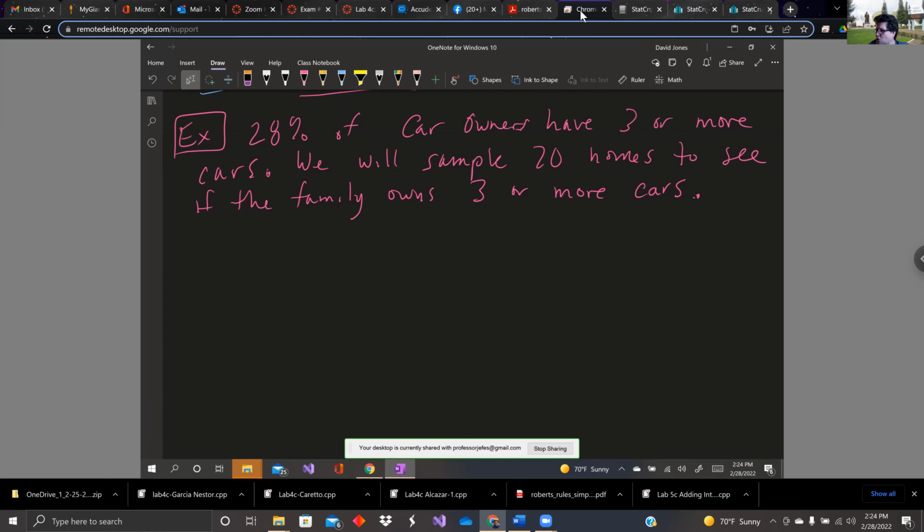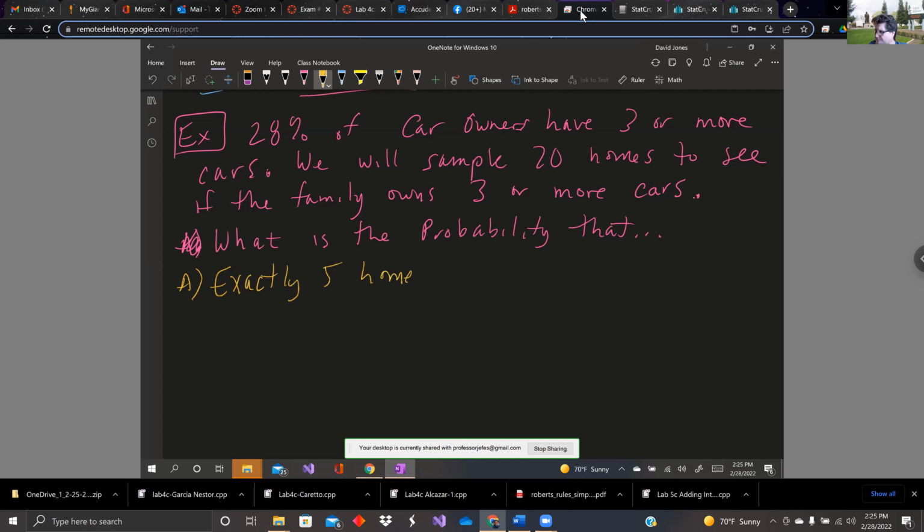Let's see. So question A. In fact, let's list all the questions. If we surveyed 20 homes, what's the probability that, and I'll put A down here, A, we find exactly 5 homes of the 20.